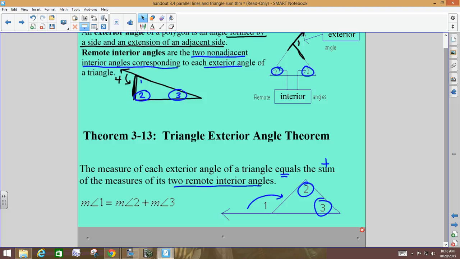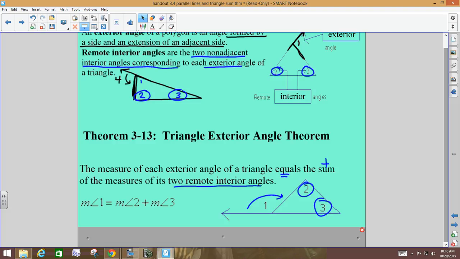Your exterior angle equals the sum of the two remote interior angles. Okay? Measure of an exterior angle equals the sum of the two interior angles. It has to be the two that don't touch it. You don't want the adjacent angle. 2 rules today. Triangle angle sum theorem. All 3 angles add up to 180. Exterior angle theorem. The exterior angle equals the sum of the two interior ones.